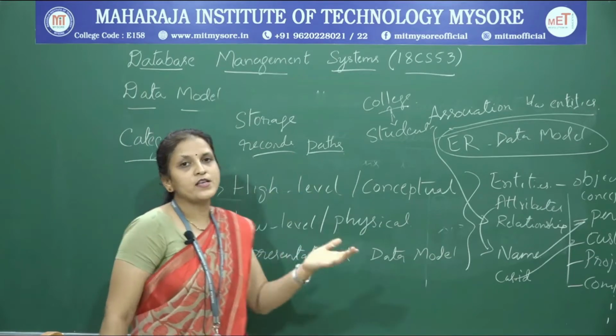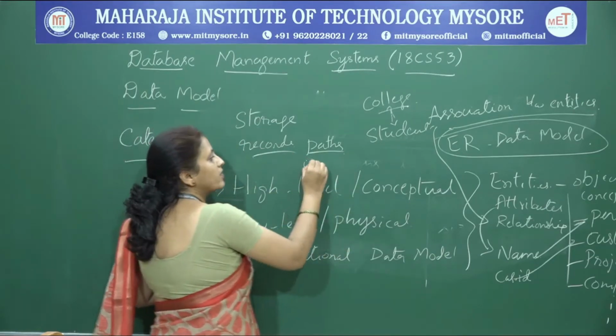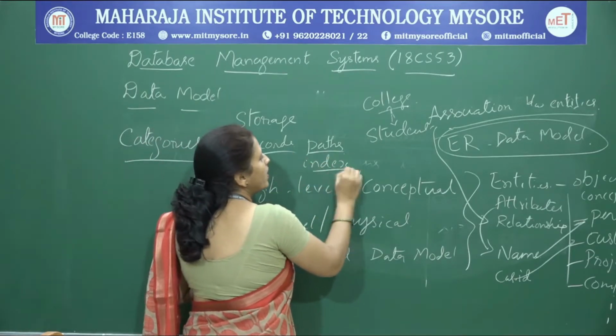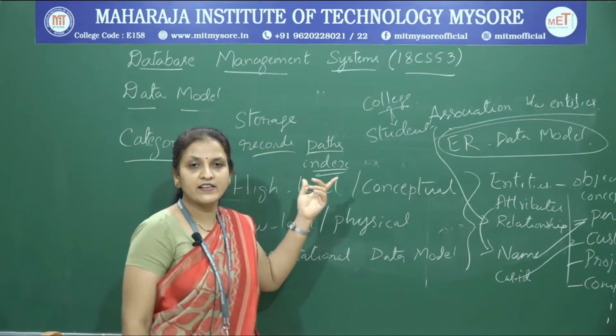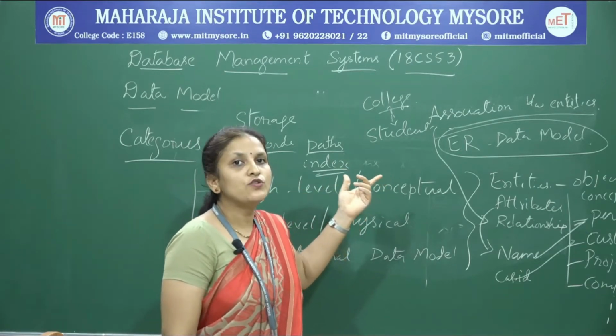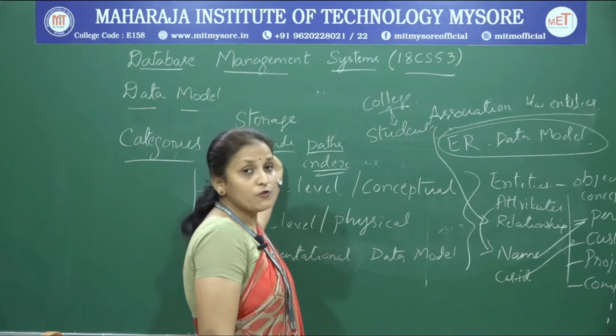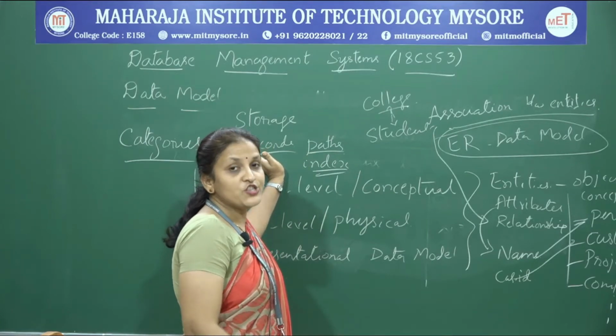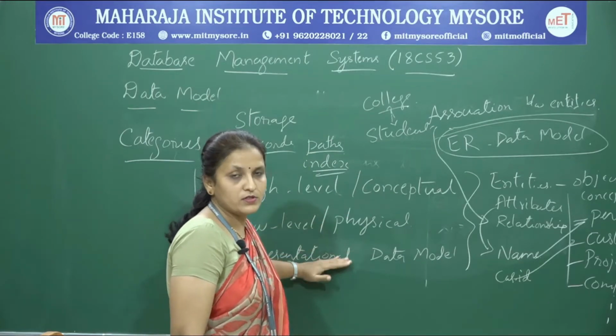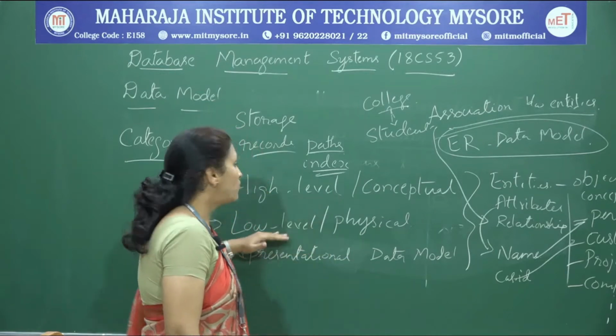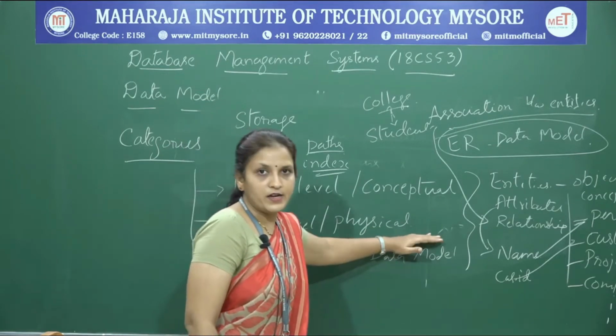Okay. A very good example for a path is an index. Okay. An index can be stored as an access path, which is going to give us the information about the location of a record in the system. Okay. So, that is about the low level or physical data model.